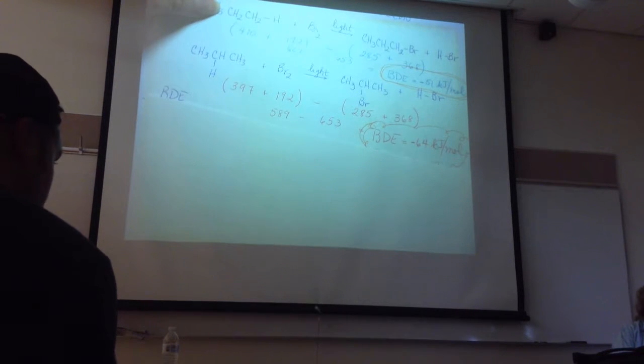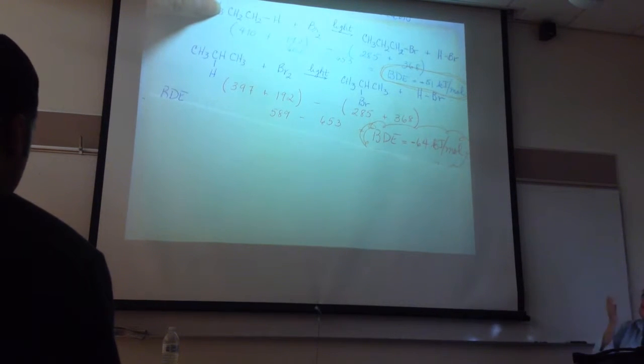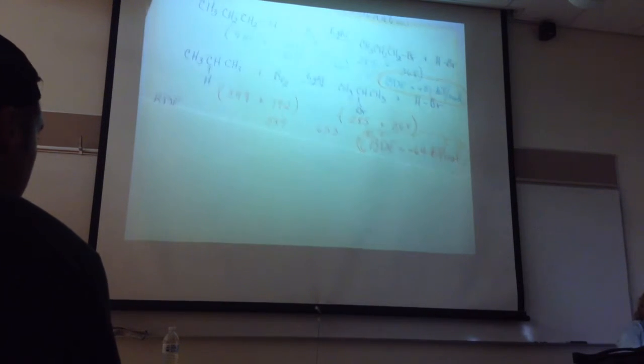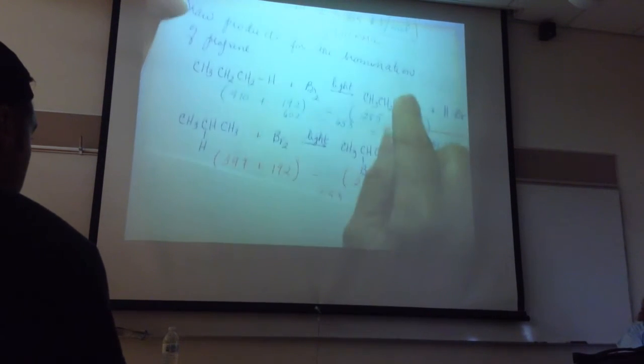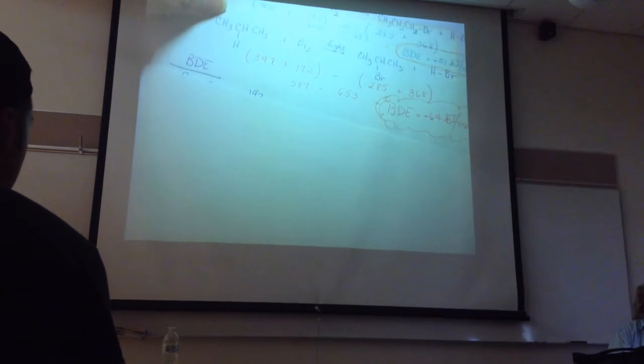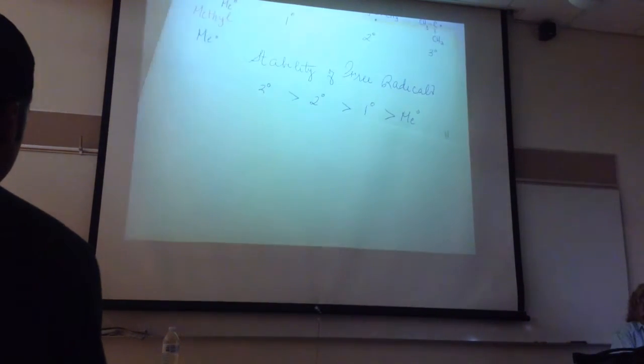There might be some calculations on the test, so you did this in the test. And this is if somebody said, draw the products of the bromination of propane. If somebody said to you, draw the major product. So let's add that story to the mix now.